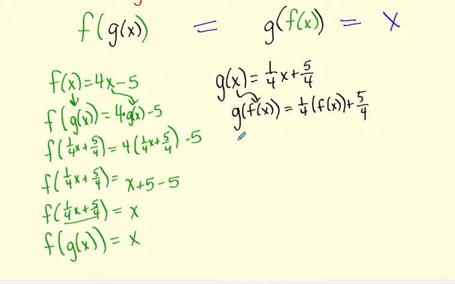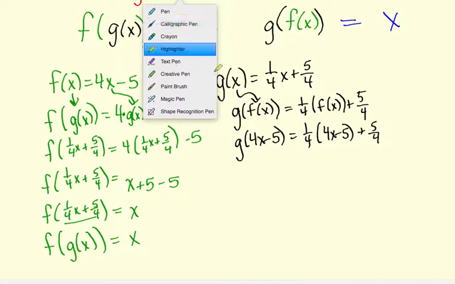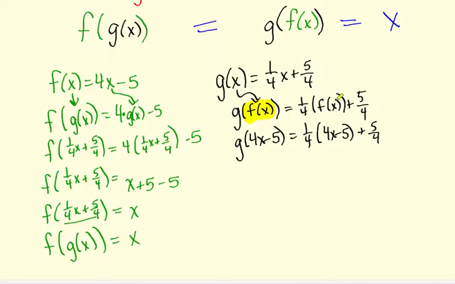Again, this is a substitution. f of x is 4x minus 5. So I put 4x minus 5 in for the f of x, and this is 1/4 times 4x minus 5, and then plus the 5/4. So again, f of x was here and here; I replaced it into those positions.